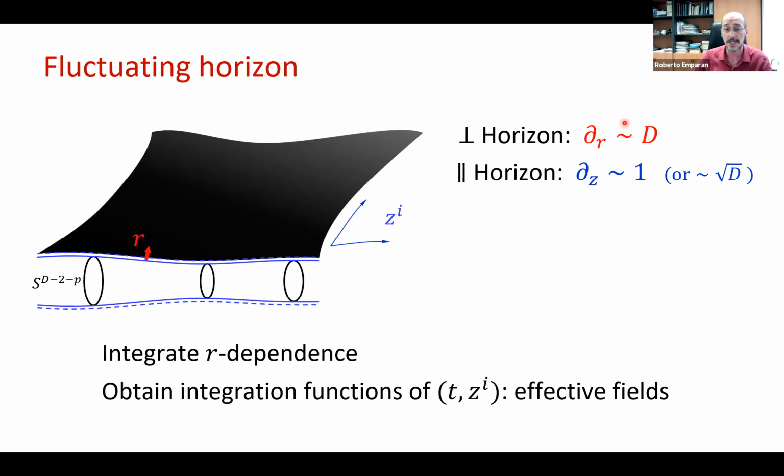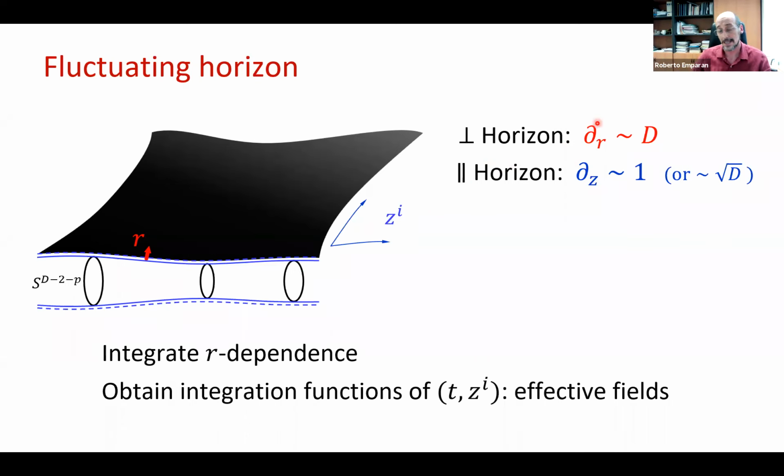Now, when you do this, and you write down the Einstein equations in an appropriate way, which I'm going to show in the next slide, you can separate the radial dependence from the dependence that the equations have in the time direction and the other directions along the horizon. This allows you to separate the equations into sets.